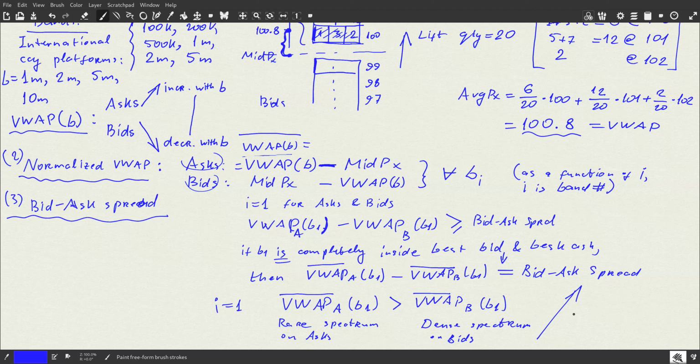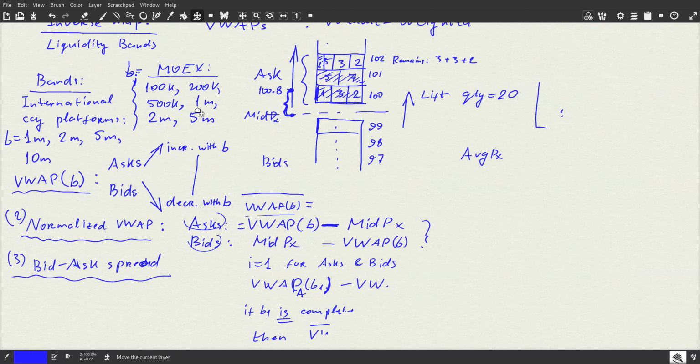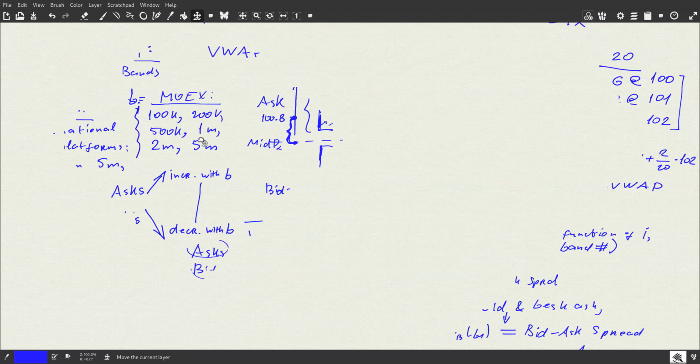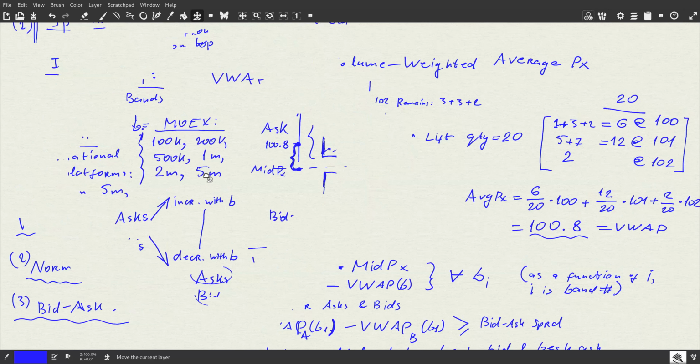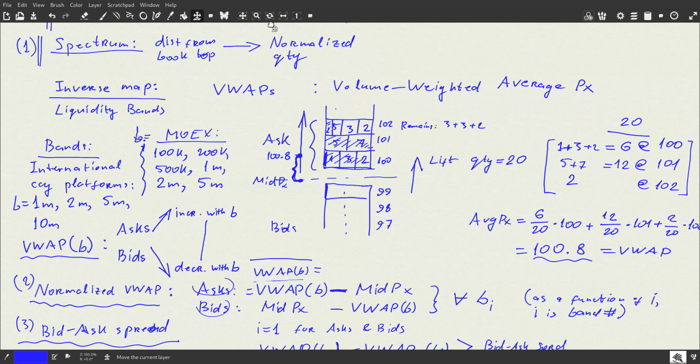Also, we may construct in the features, like the very first one when we construct the spectrum, the normalized quantity.